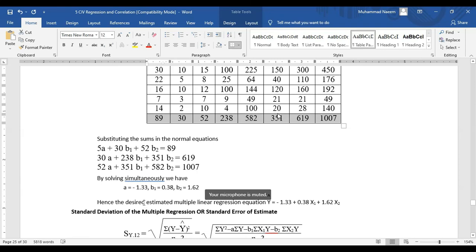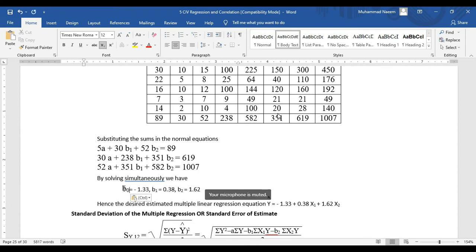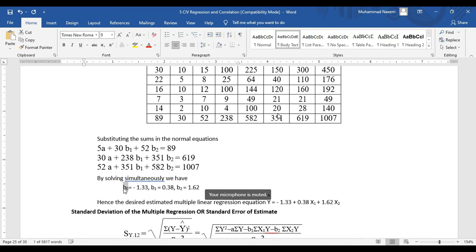Remember, you will use a calculator. Don't try to solve them manually. It will take a lot of time. So as we get b naught, b1 and b2, put them in our required equation. This is our required equation.